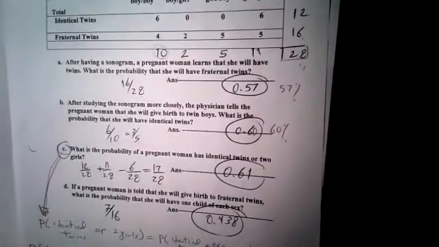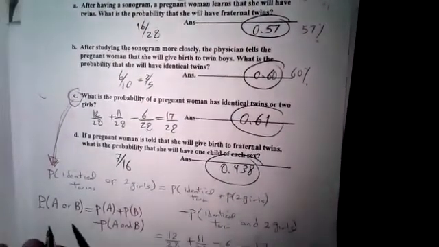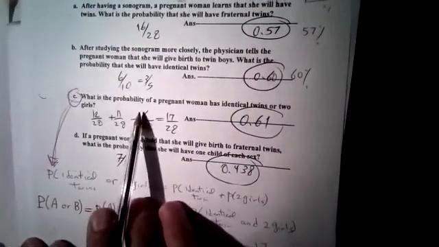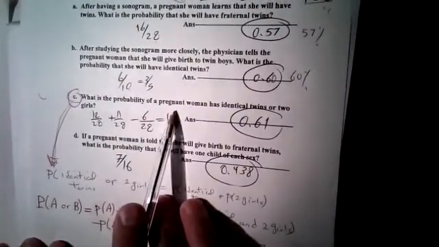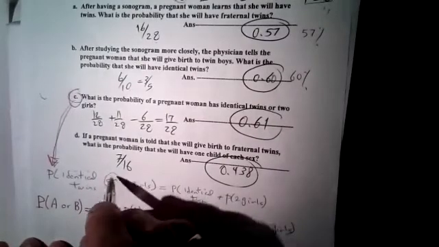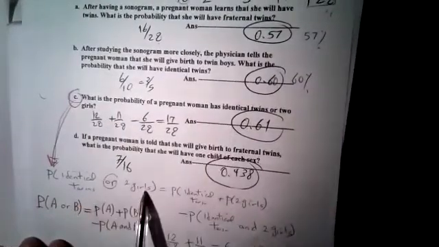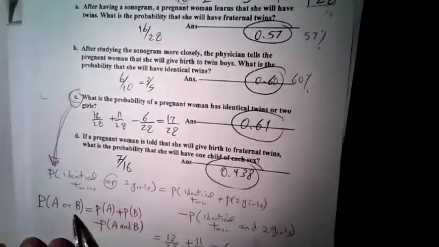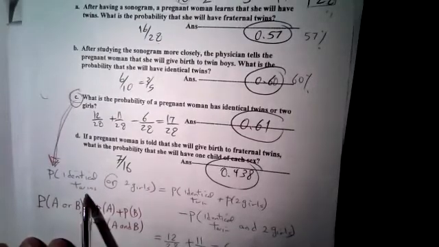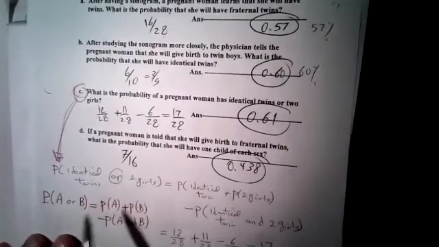Now C in fact is following this formula. What is the probability a pregnant woman has identical twins, or, see, we are using this word or, 2 girls? According to this formula, your A is identical twins, your B is 2 girls.